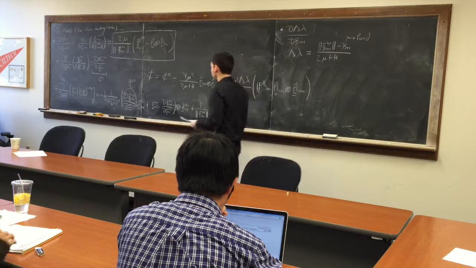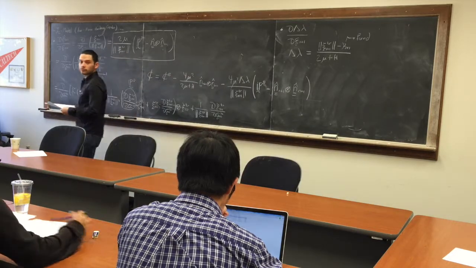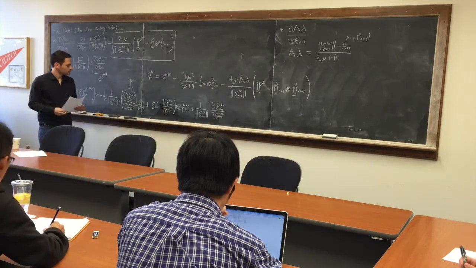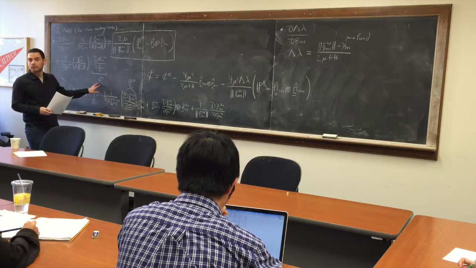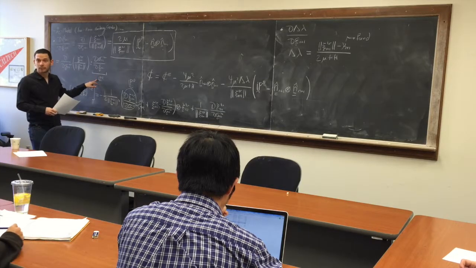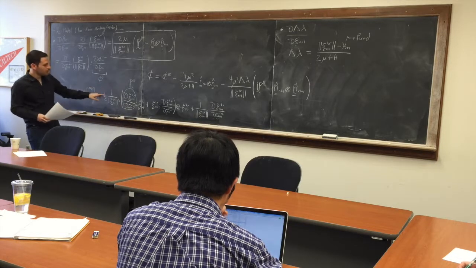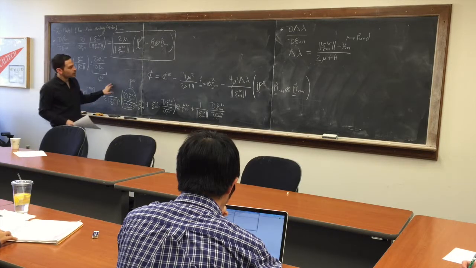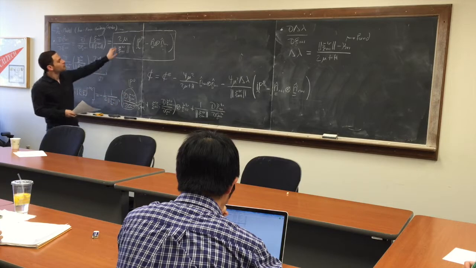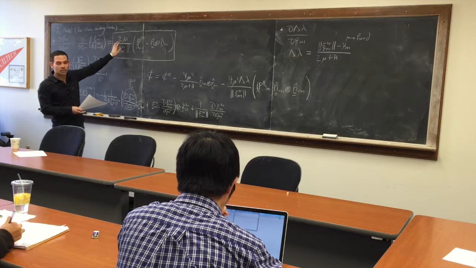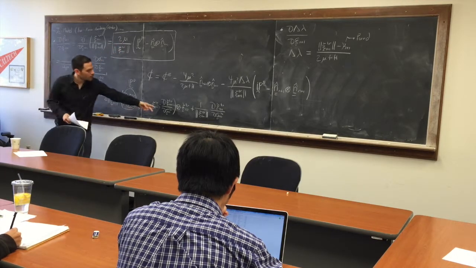Why did we draw the C in? Where does it go? 2 mu. Oh, right. So here we have this 2 mu. It comes from these operations here.